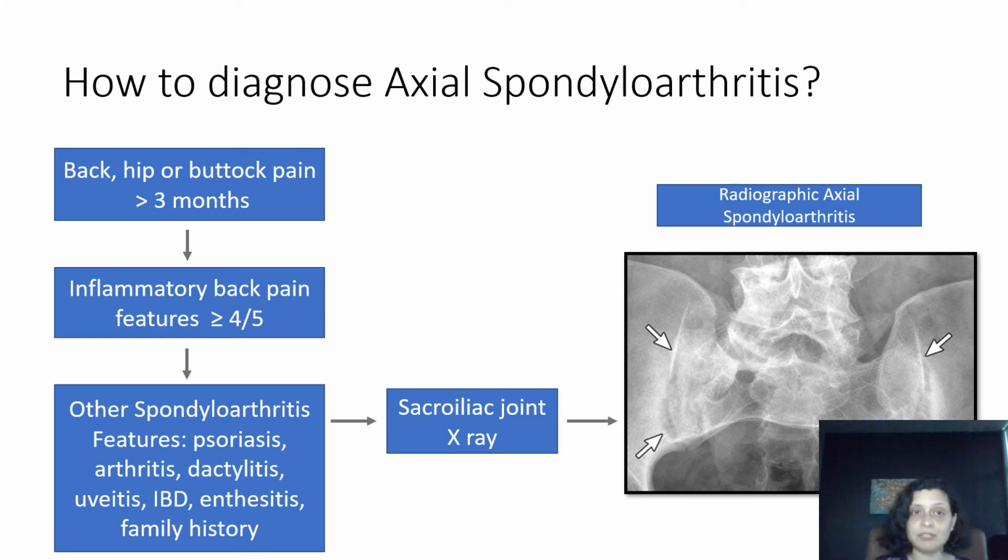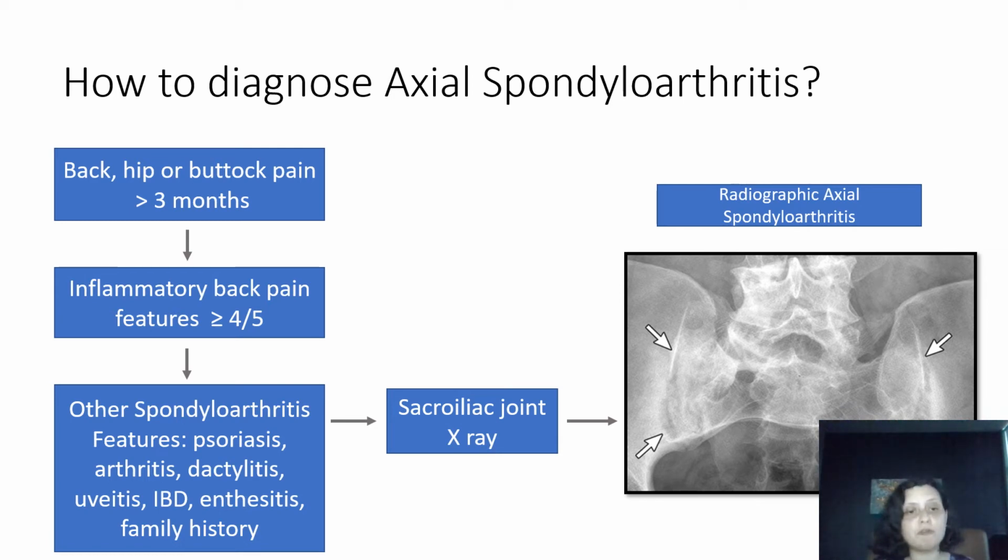And then after physical examination, we will come to this slide on how to diagnose axial spondyloarthritis. So the first step is if a person has back, hip or buttock pain for more than 3 months, then go over the features of inflammatory back pain that we studied a few slides ago.